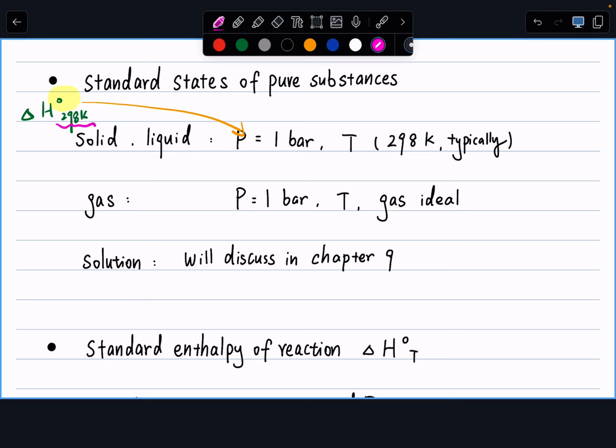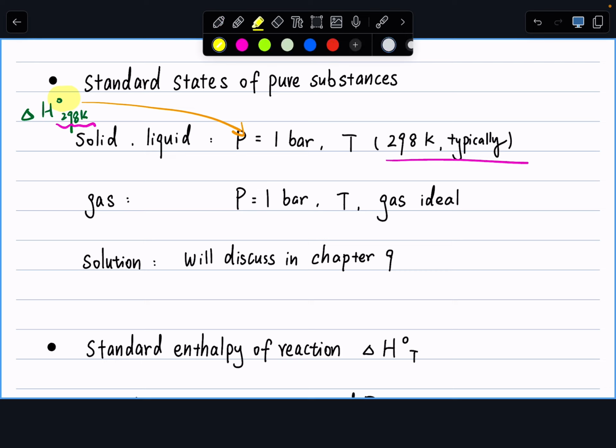And this temperature is 298 Kelvin for our appendix table. It could be different in other versions of the thermodynamic table, but the standard state just requires a certain temperature. It doesn't need to be 298 Kelvin, but it must be a defined temperature. That's for solid and for liquid.